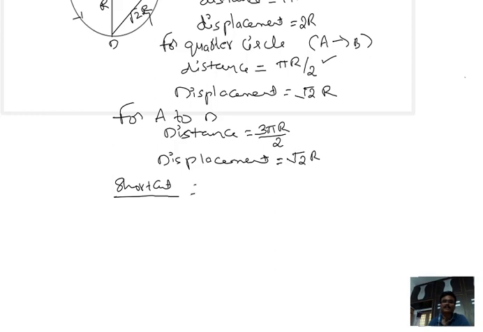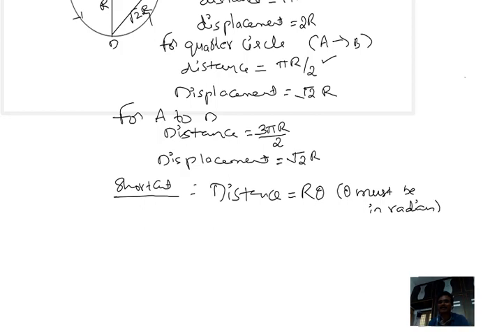For distance, the formula is r theta, where theta must be in radians. Let us check our values to see whether we get them correct or not.